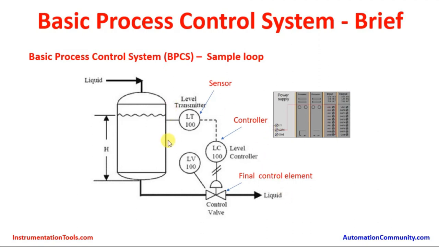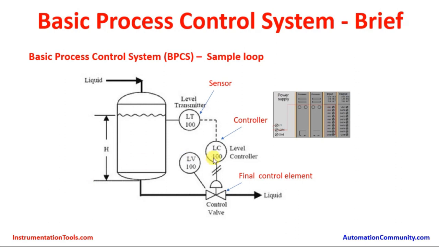Here we have the level measurement using a level transmitter LT100, and there is a control valve LV100, which is used to control according to the level built up inside the liquid tank, and then sent to the next process. Maybe a tank, a vessel, or maybe going to some boiler, whatever it is.